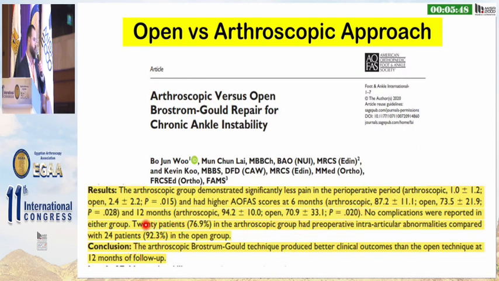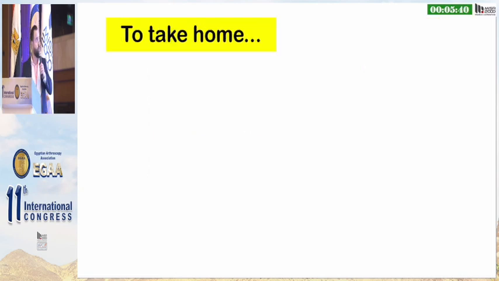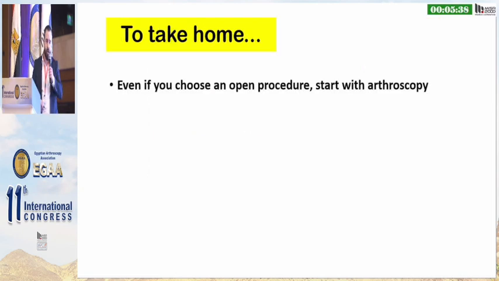No difference in complication rates. So we can see that with the arthroscopic techniques we have good results, but we have just a short-term follow-up. We need to see how it will go with the passing of the years.